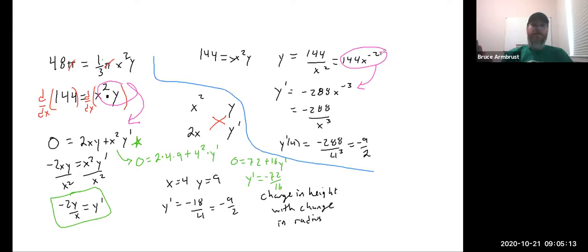If someone asks me how I should do this, I go, in such a way that you get the right answer. It's a very unfulfilling response, right? You're just like, well, thanks for nothing. But it's true. How do I want you to attack one of these problems? In whatever method gets you to where you need to be.